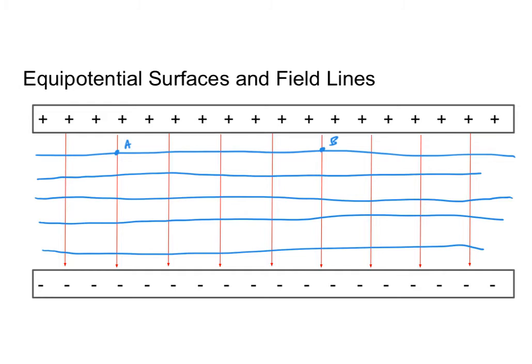So these lines here are equipotential surfaces. And what is really cool about equipotential surfaces is they will always be perpendicular to field lines. So if you aren't sure how to draw your equipotential surfaces, find your field lines, get a protractor, draw a 90-degree angle, and there you have it.